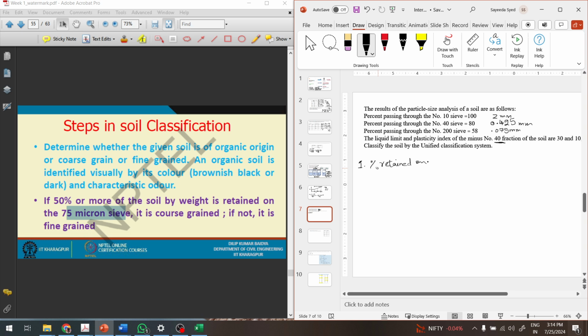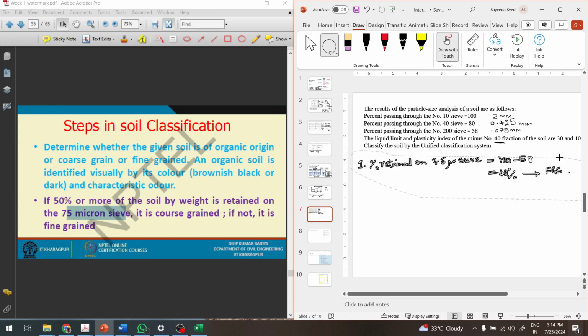Retained on 75 micron sieve is 100 minus 58, which is equivalent to 42%, which means that this is a fine grained soil. The first part we have identified. Now let's move on.